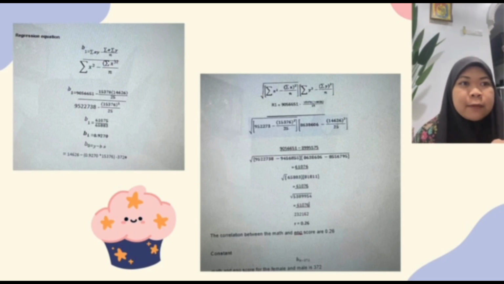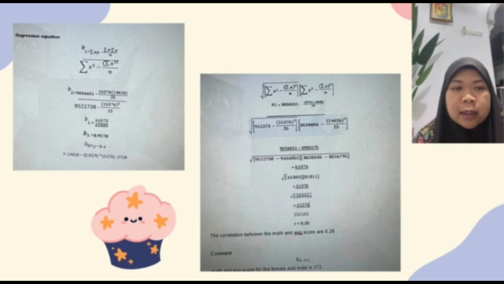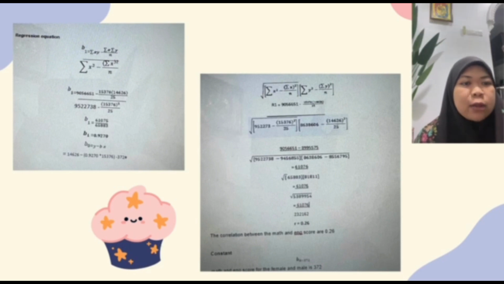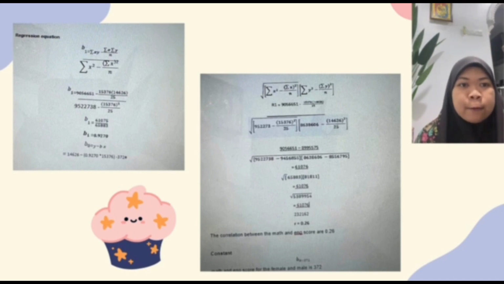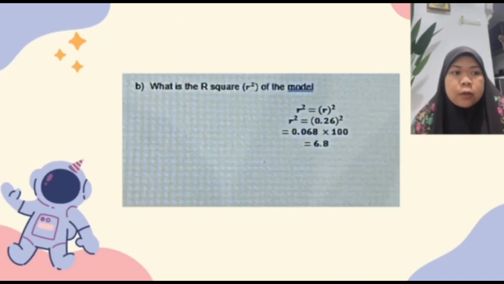For the coefficients, it is a long way to count to get their total. First we need to divide and subtract the totals before we get the final answer. For mathematics and English, for both female and male students, the total is 372.